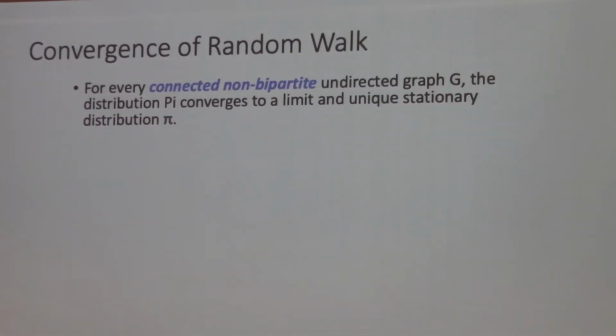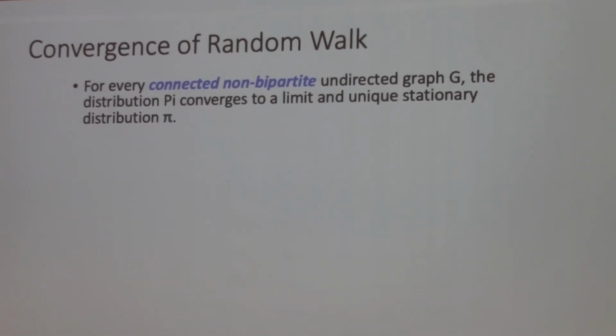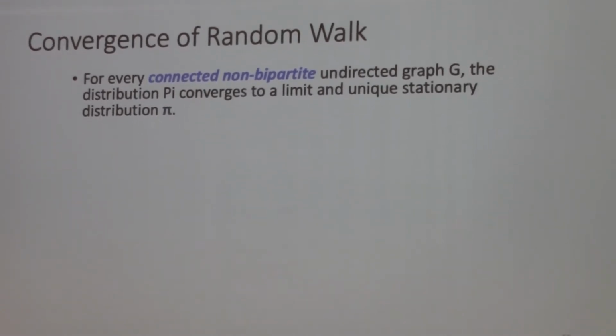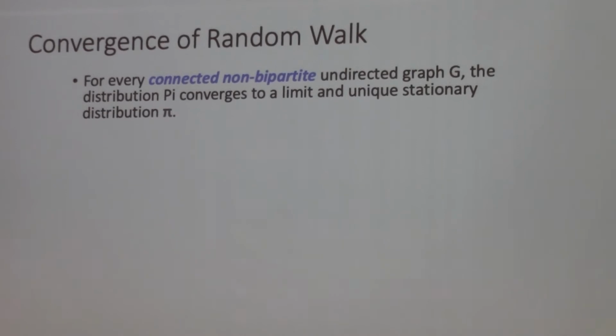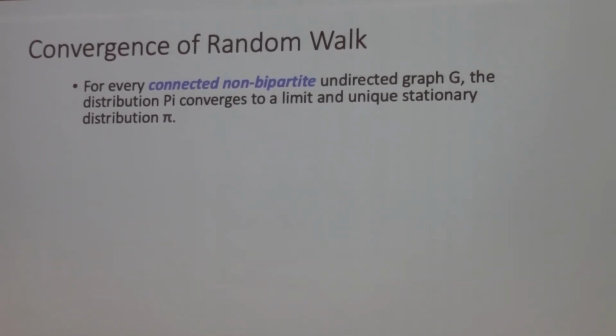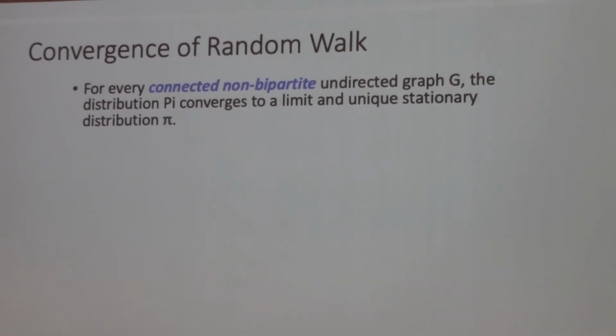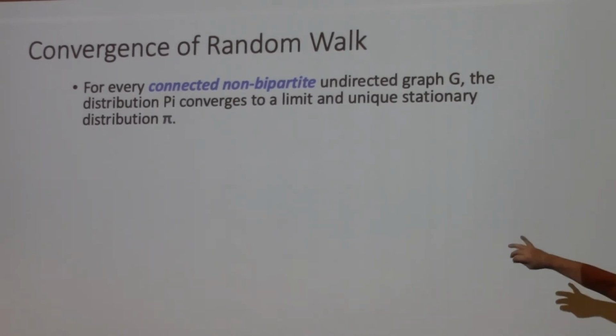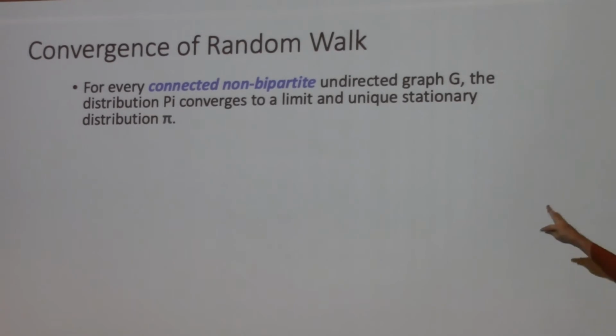Okay? Let me now give you some kind of conclusion on this. Let me now talk about the convergence of the random walk and intuitively show you why it's like that. So the idea is that for every connected, non-bipartite, undirected graph G, the distribution converges to a limit, a unique stationary distribution pi.